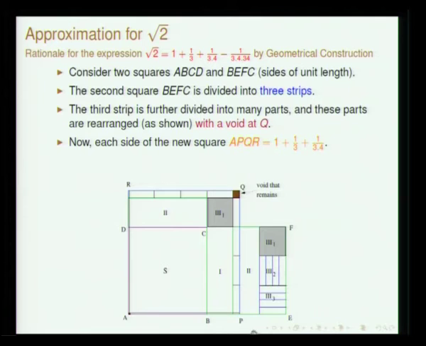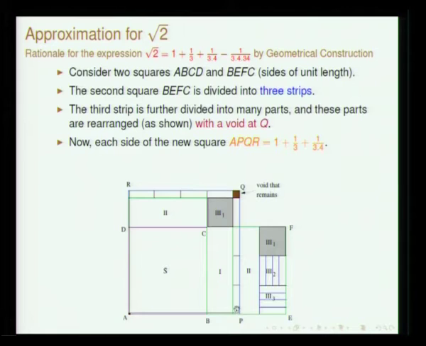this square APQR, and there is a certain void at this point. If you say that the side of the square is going to be 1 plus 1/3 plus 1/3 into 4, there is a certain void and that has to be subtracted. How this value corresponds to the void, I will show in the next slide.